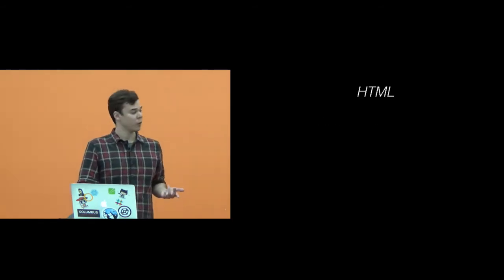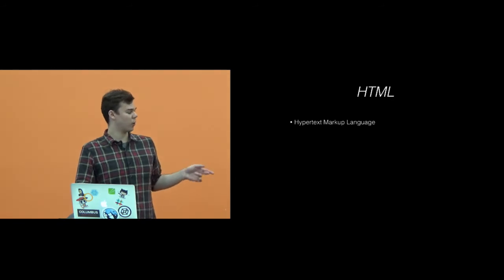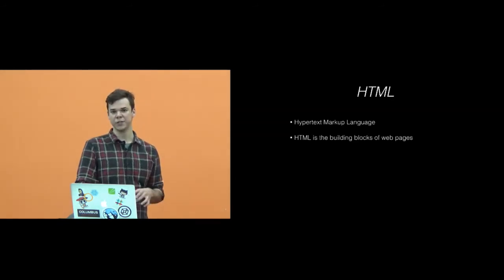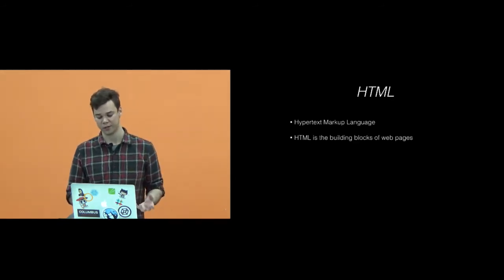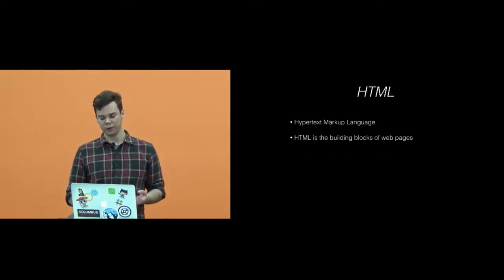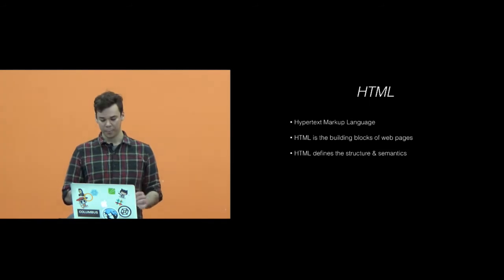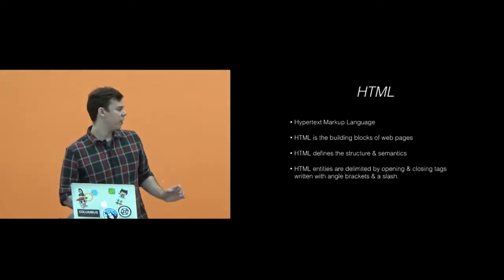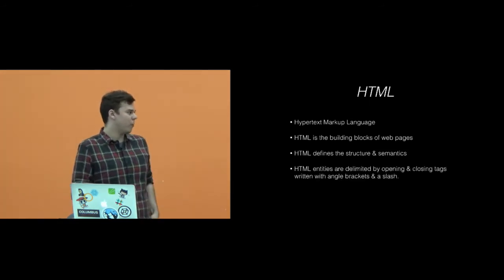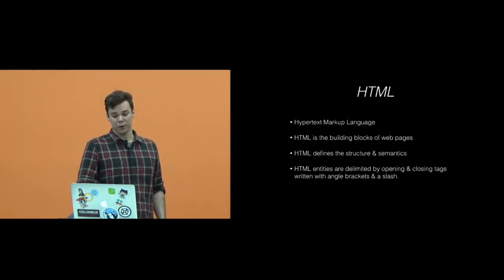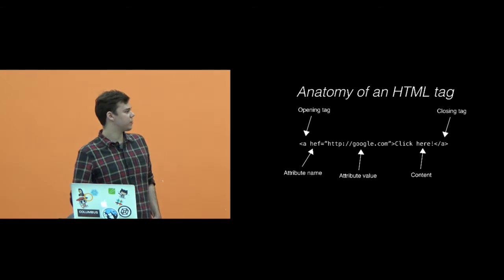First and most foundational is HTML, which stands for Hypertext Markup Language. HTML is the building block of web pages. What that does for you is it defines the structure and semantics of your web app. HTML entities are delimited by opening and closing tags written with angle brackets and a slash, which is a very confusing way to say this.